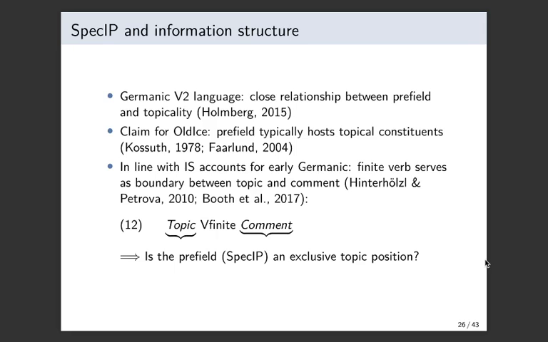This is in line with IS accounts for early Germanic, where it is assumed that the finite verb serves as a boundary between topic and comment, as shown in the configuration here. So we can ask, do we have evidence that the prefield, spec IP, is really an exclusive topic position? Because that would be evidence for DC.